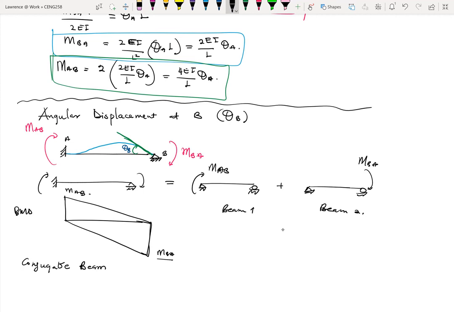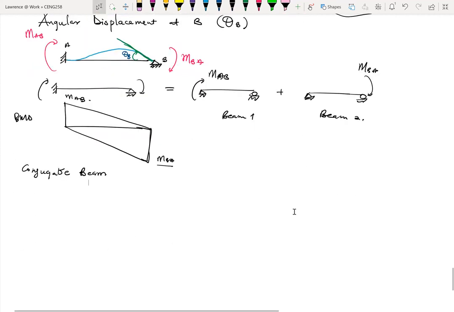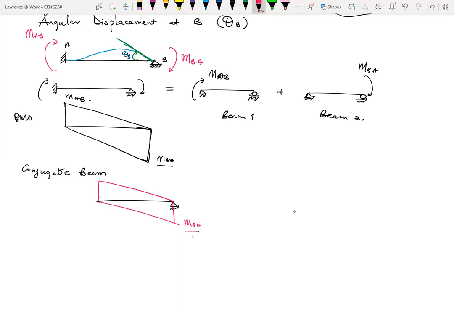Then we find the conjugate beam. In this case, since it was fixed at A, it becomes a free end at A, but the pin support still remains. We load the conjugate beam with the M over EI diagram, so this becomes MBA over EI and MAB over EI.